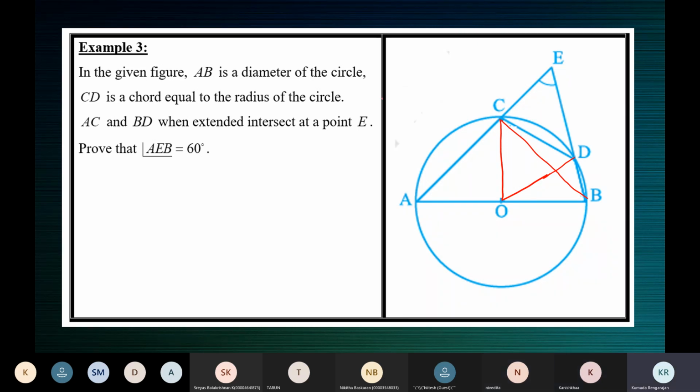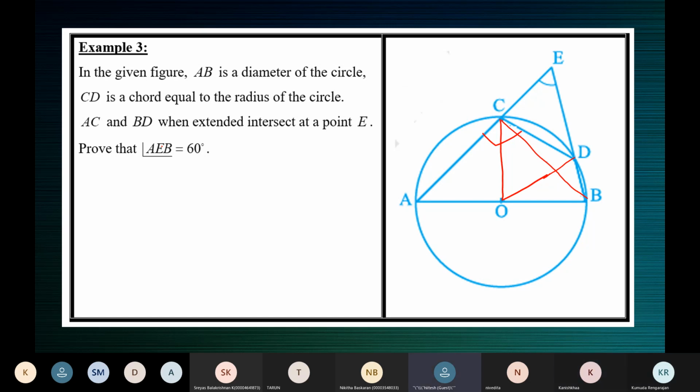ACB is 90 degrees. So now if ACB is 90, use linear pair and find some other angle which is 90 degrees.